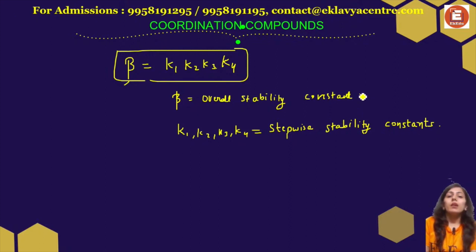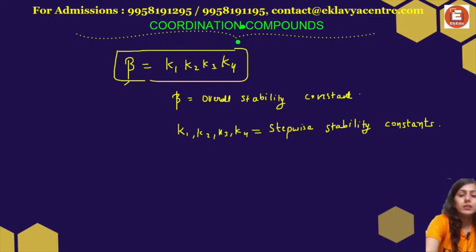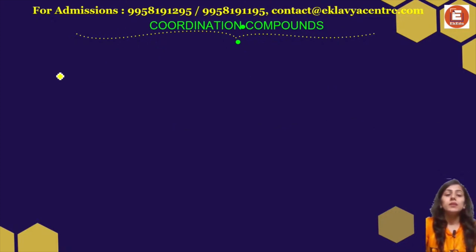This was actually the last topic of the chapter. Now, just a brief, quick review of the application, or you can say the importance of coordination chemistry in our life. Why does the study of coordination chemistry become so important?